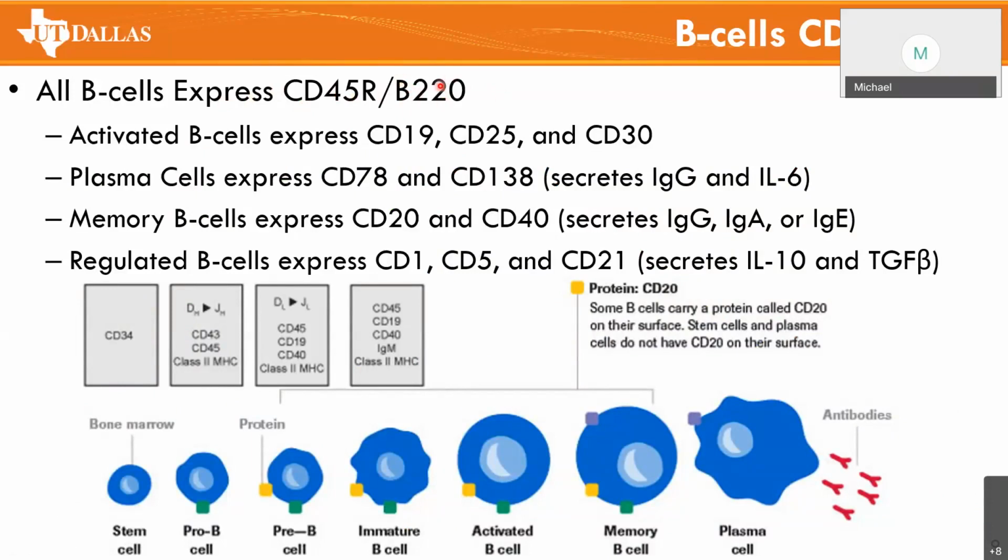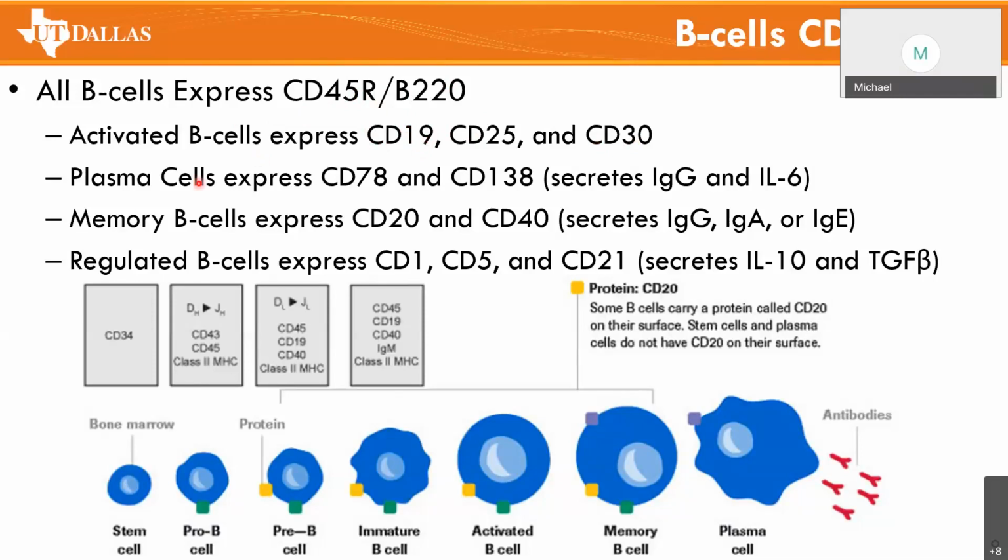To differentiate them, you can then add other protein markers on the surface of different B cells to distinguish them from the overall population. For activated B cells we can look at CD25 or CD30, because CD19 is actually present in most B cells as well.